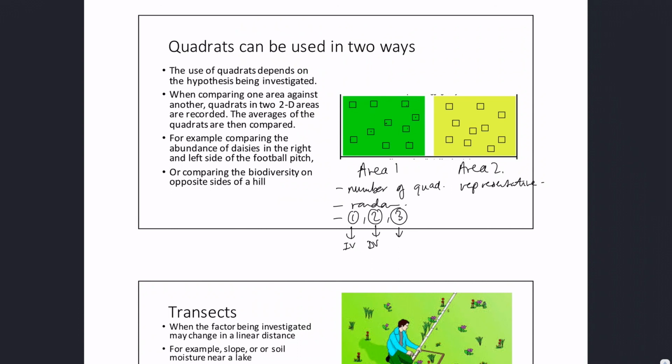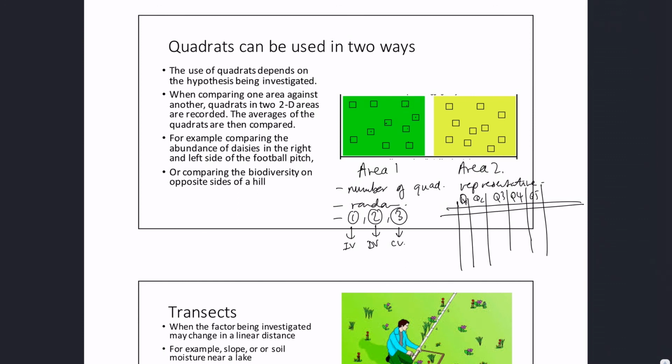I take these measurements for both the areas, for each quadrat, and I put it into a table. The table should approximately be like this: here I've got quadrats, so quadrat 1, quadrat 2, quadrat 3, quadrat 4, quadrat 5, and so on.